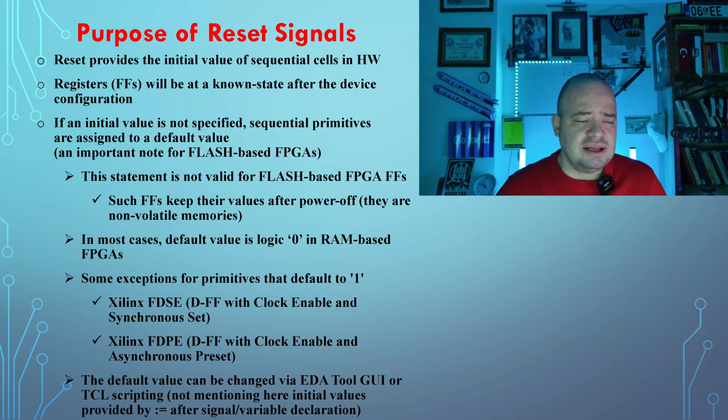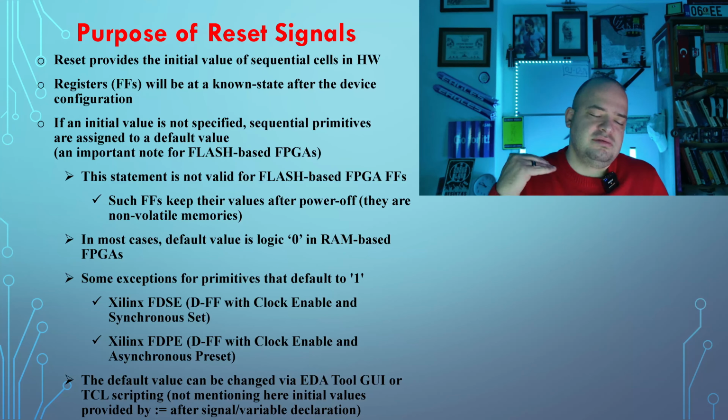So when you declare your signal or your variable, those values are assigned to your signal or variable only once, during that declaration.